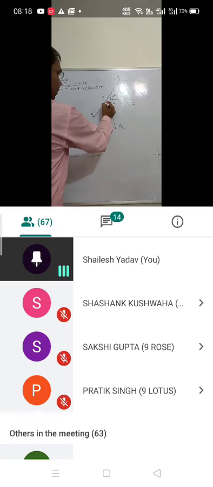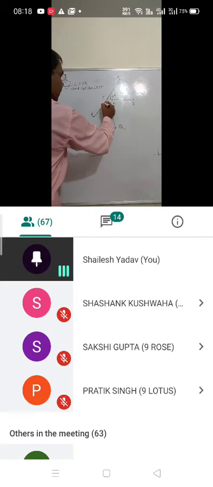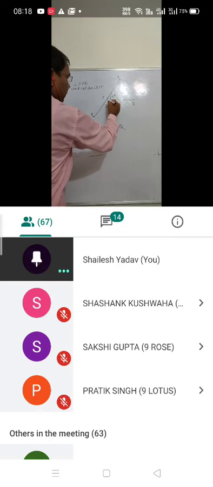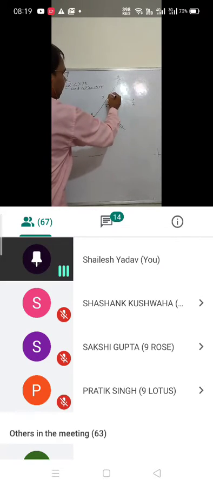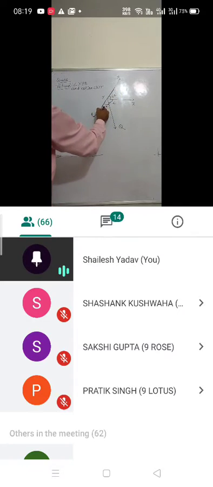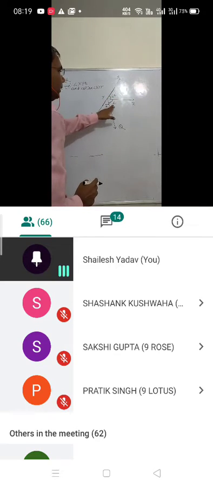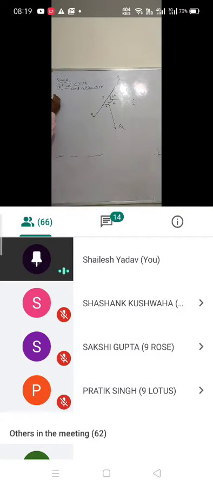Here XYP is a straight line. So if it is a straight line, X plus X plus 64 degrees is equal to 180 degrees. Whatever angles are formed on the straight line, the sum of all these three will be 180 degrees. So here you will write X plus X plus 64 degrees equal to 180 degrees, that is, angles on a straight line.